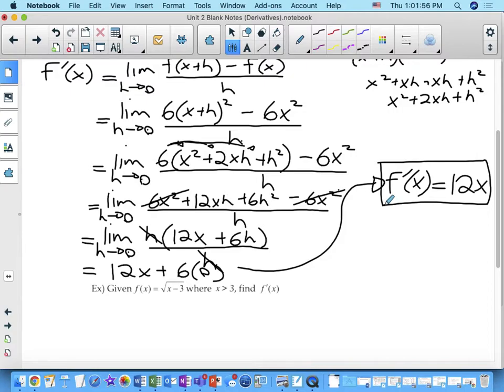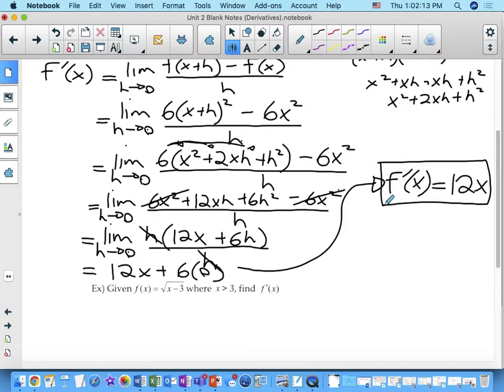Now we can plug in whatever x value we want, and we have the value of the derivative, or the value of the slope of the tangent line at that specific point, that specific value of x, of the function.